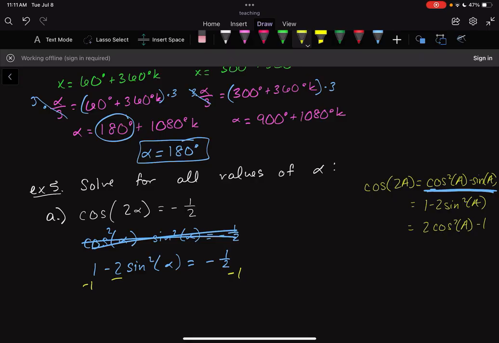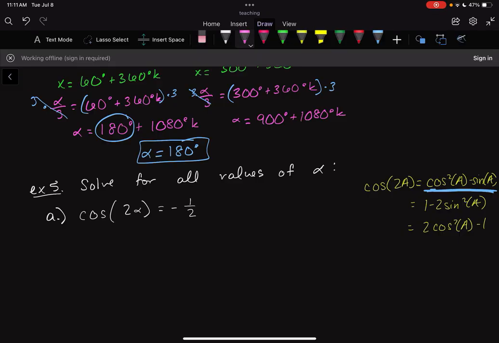There are times where maybe using identities will be useful with an equation. If the parentheses is your only issue, like it's one trig function, but there's something in the parentheses, that's not really a reason to try to use one of these identities because it doesn't actually make it any easier to work with.